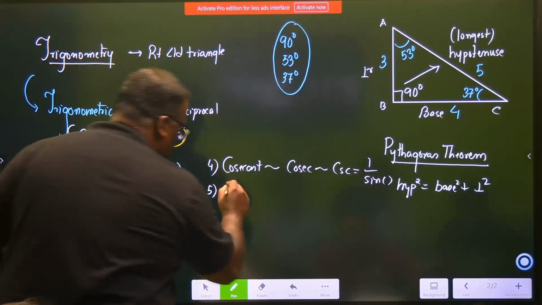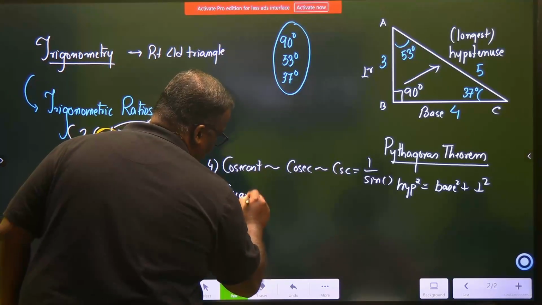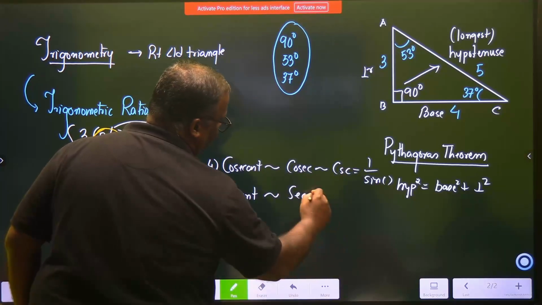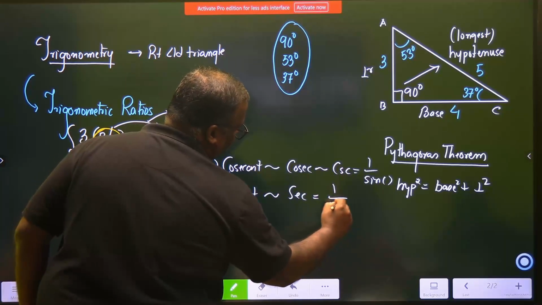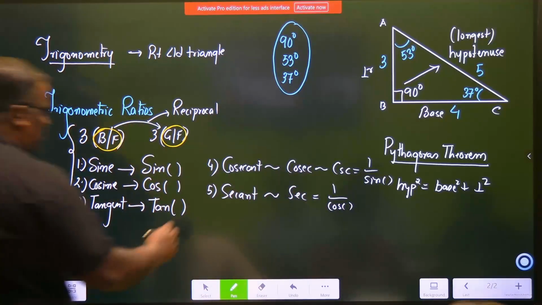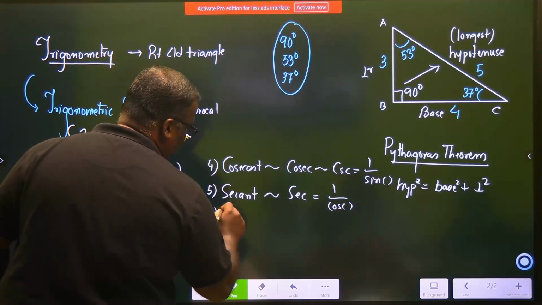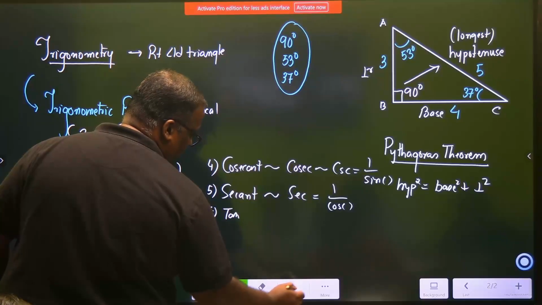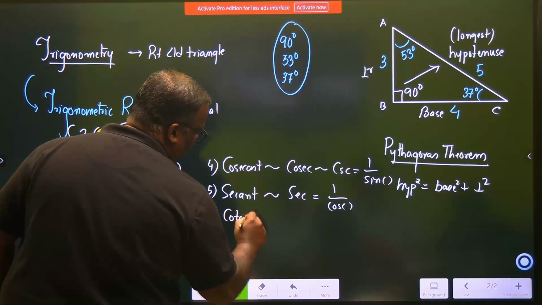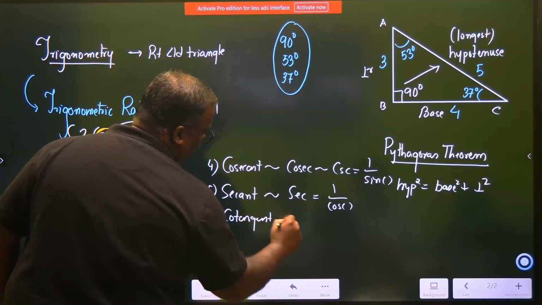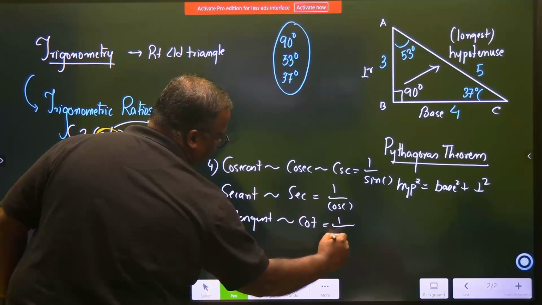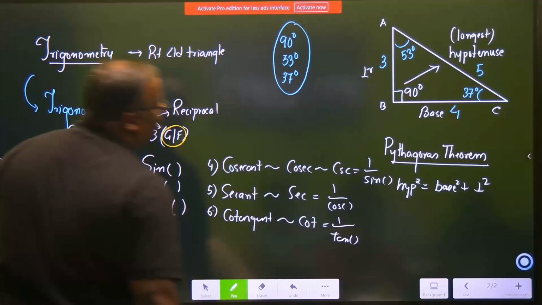Then the fifth one is known as the secant, which is read as sec, okay, which is 1 upon the cos function. These will all become clear, just write it. And the sixth one is known as the cotangent, and in short form known as cot, which is 1 upon the tan function.